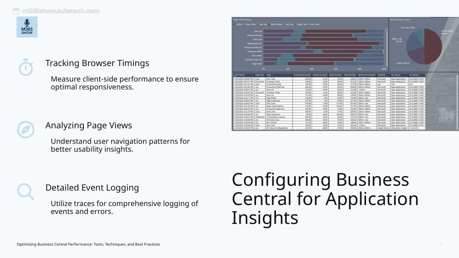This detailed information is invaluable for troubleshooting and ensuring stability. All of these tools and techniques connect back to our overall goal, delivering a high-performing, user-friendly Business Central environment. By implementing these practices, we can proactively enhance performance and user satisfaction.